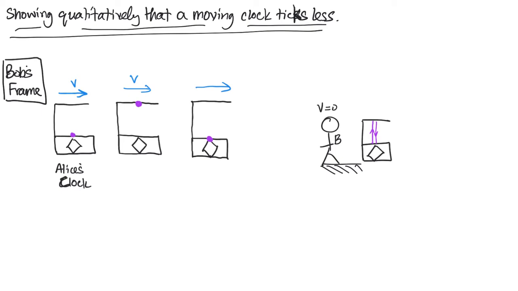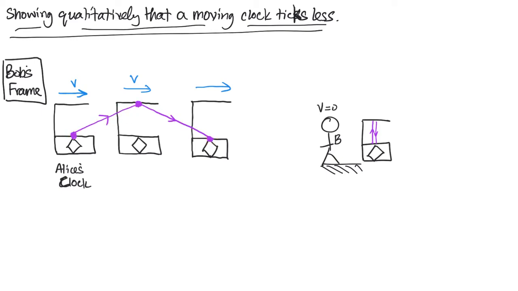Well, remember for Bob, where the clock's at rest, the light just goes straight up and straight down. But that's not going to be true for Alice's clock, right? Alice's clock, which is moving through Bob's frame, the photon starts down here, and then halfway through it's up and to the right. So the path that the photon takes is up and to the right, and then down and to the left. So instead of taking this straight up, straight down path, it takes a triangular path, okay?